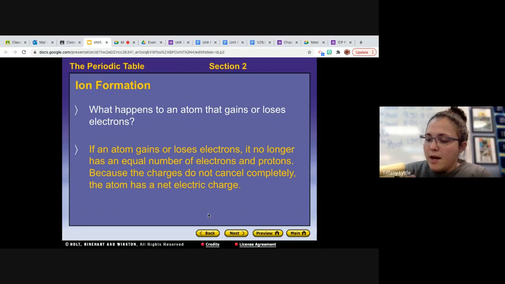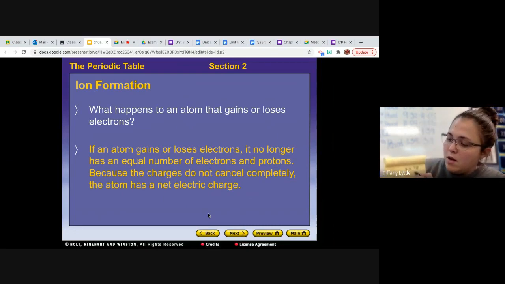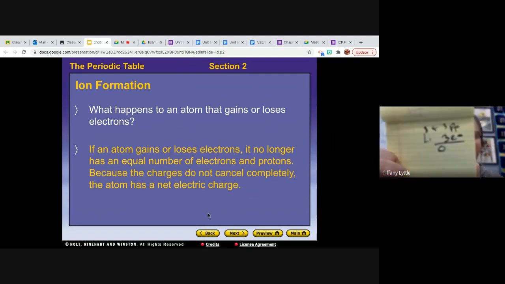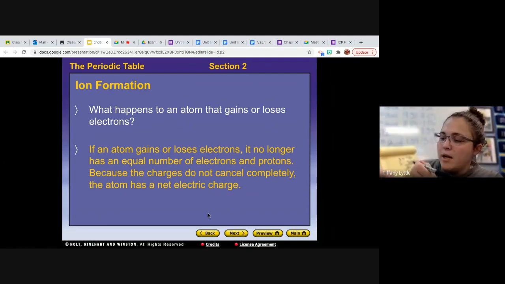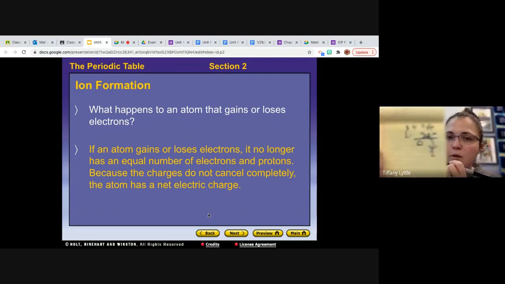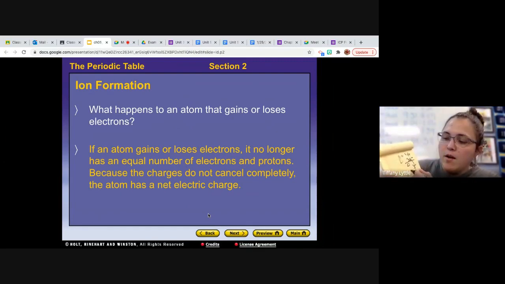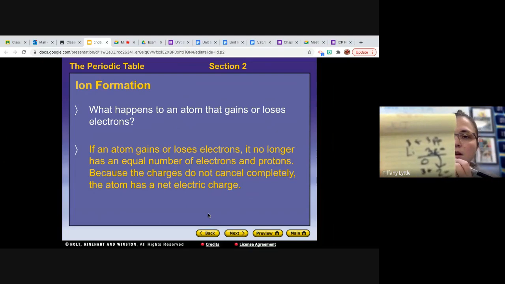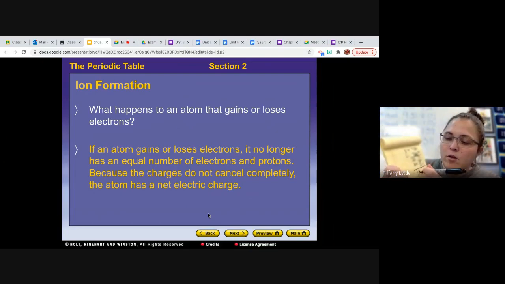So that means it has 3 protons and 3 electrons. Protons are positive and electrons are negative. So if it has 3 and 3, then its charge is going to equal out to be 0. But if it loses an electron and now has 2, then we now have 3 pluses and 2 minuses. And so now we have a net charge of +1.